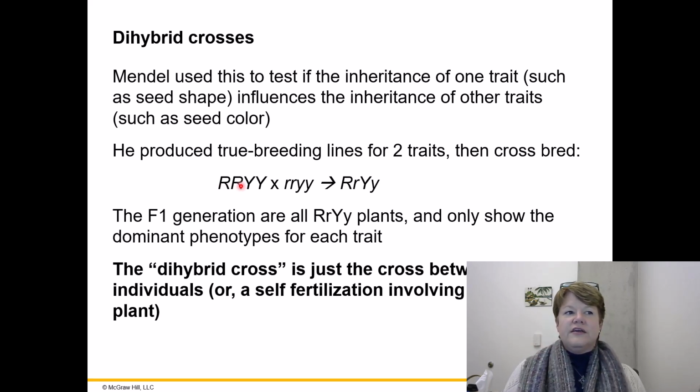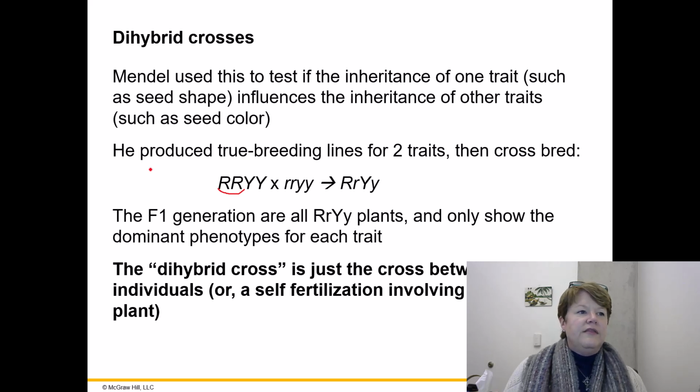So I usually like to think of, for example, the R gene, and the first gene doesn't have to be the letter R, but whatever gene is in the first position of this genotype, that is, if I draw a homologous pair of chromosomes, then in this cell, both of them have a big R. And in the same cell, I have a small pair of chromosomes that each have a big Y allele.